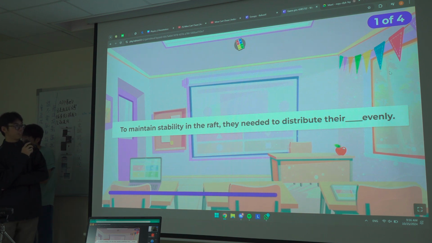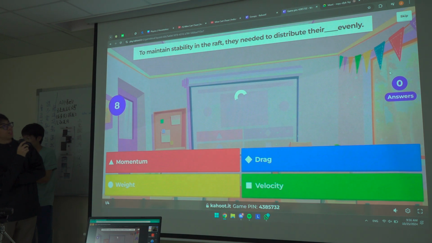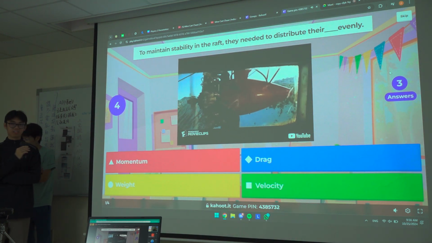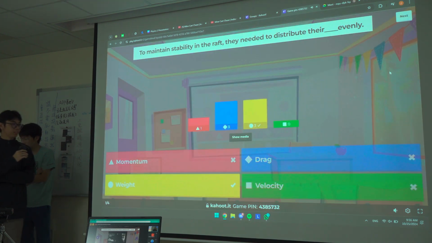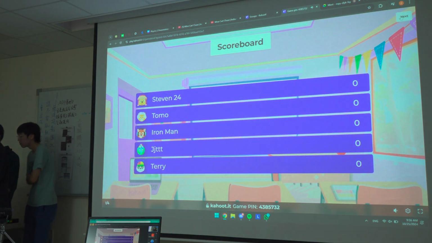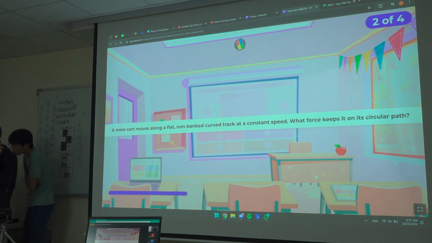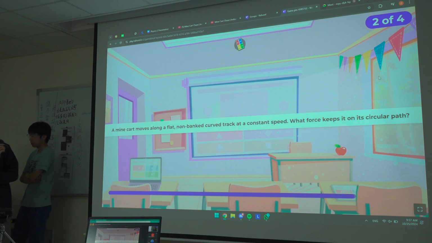First question is, to maintain stability in the raft, they need to distribute their weight evenly, to maintain the center of gravity. Second question is, a minecart moves along a flat, non-banked curved track at constant speed.